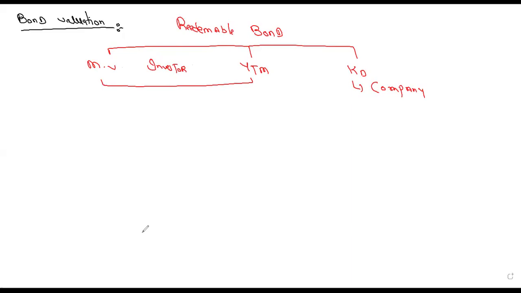Now, when in your exams, examiner asks you about the market value of redeemable bond. So let us assume that we are having here the lifespan of the bond is 3 years.